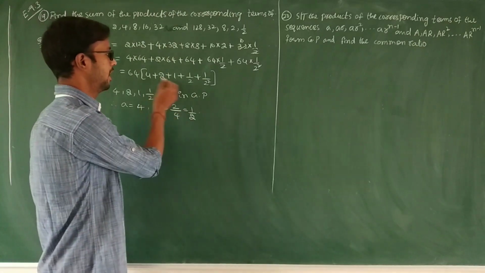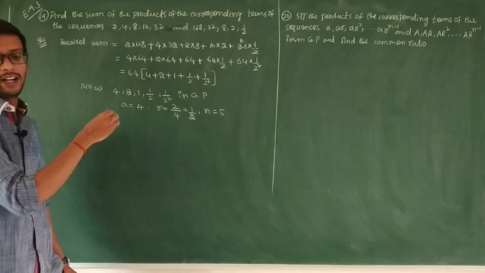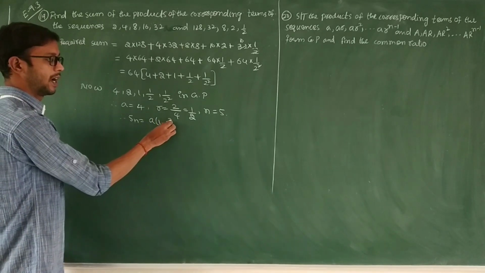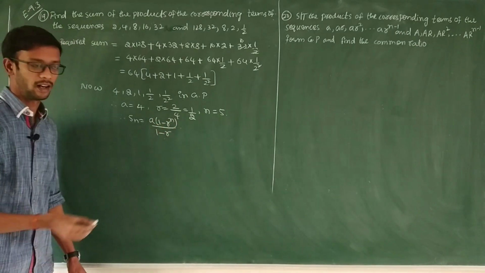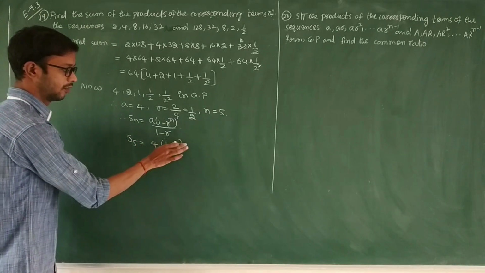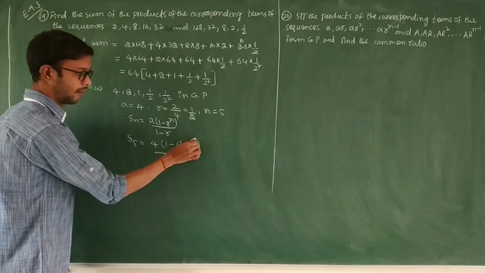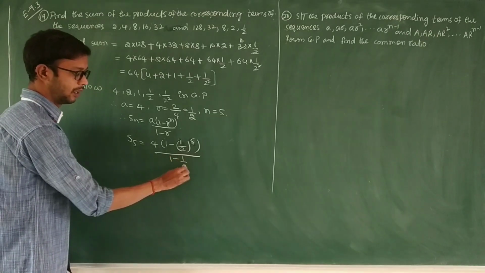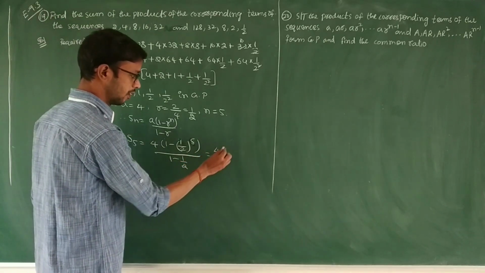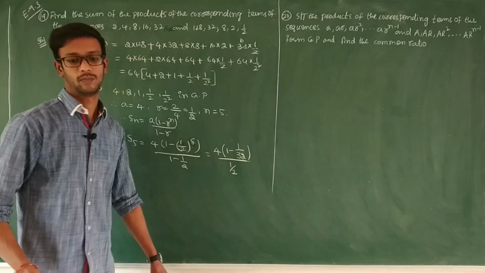The sum we need: how many terms are there? n is equal to 5. So I will use the Sn formula. Sn is equal to a into 1 minus r power n by 1 minus r. S5 is equal to 4 into 1 minus 1 by 2 to the power 5, divided by 1 minus 1 by 2. Now simplify this: 1 minus 1 by 32 divided by 1 by 2.